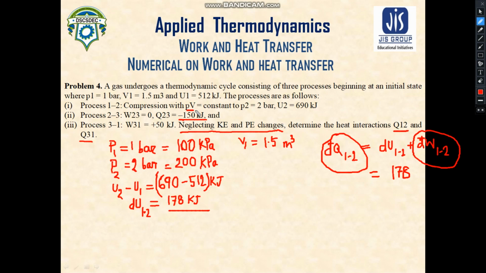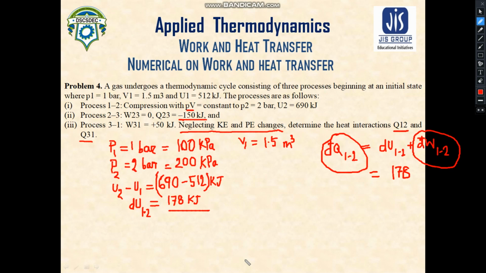If you remember, whenever in a process PV is equal to constant, it refers to an isothermal process. That means PV is equal to RT, and if PV is constant, then RT is equal to constant. R is itself a constant, so the temperature also remains constant. This is valid for an ideal gas. So we are talking about an isothermal process.